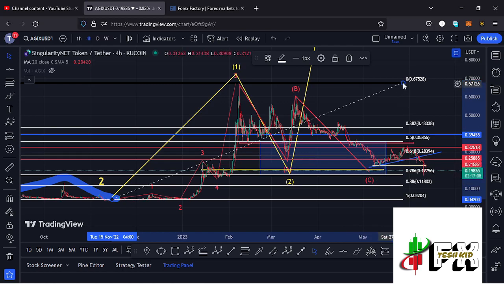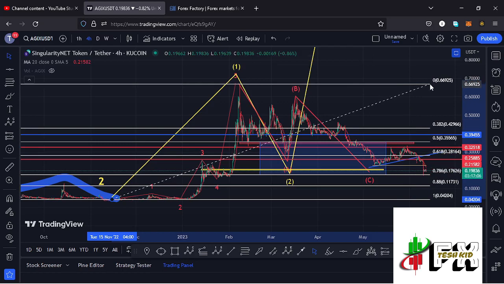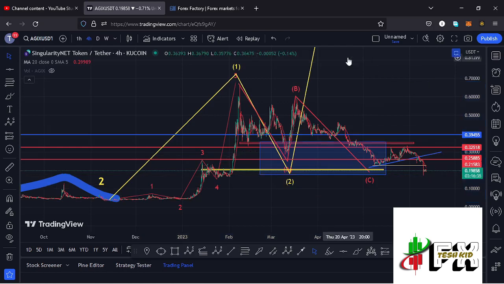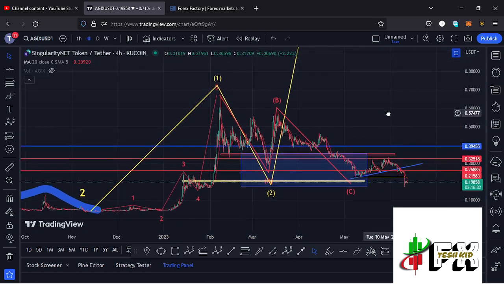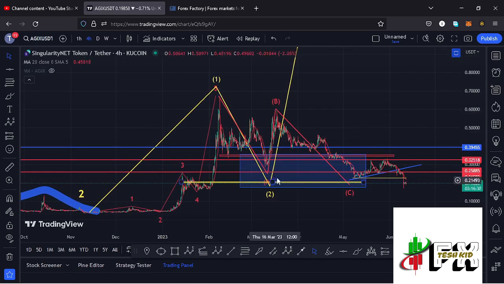And what that means is that this massive breakdown that we saw last week was able to help us fully maximize our blue target area in the formation of this wave 2, and there are high chances that now Agix has been able to put in place the low for this wave 2.